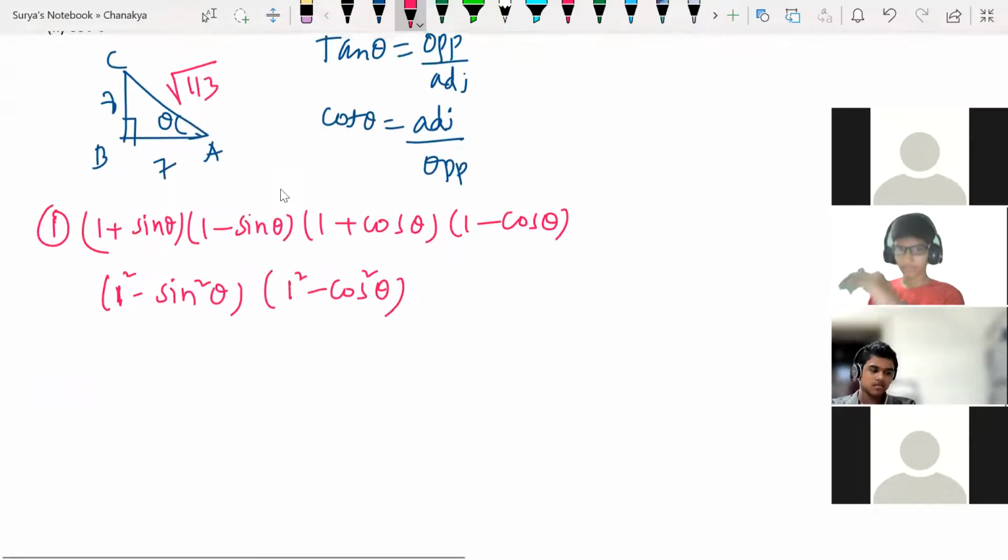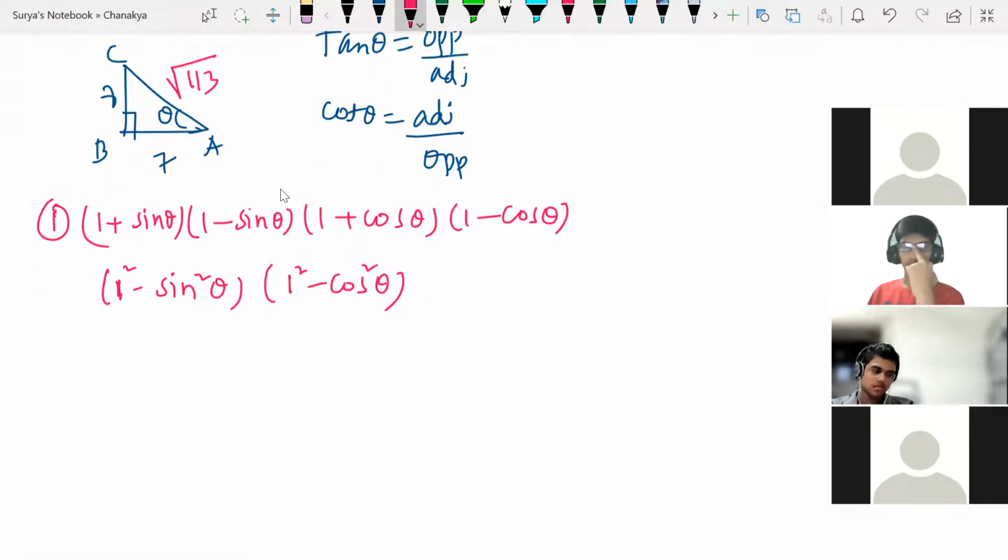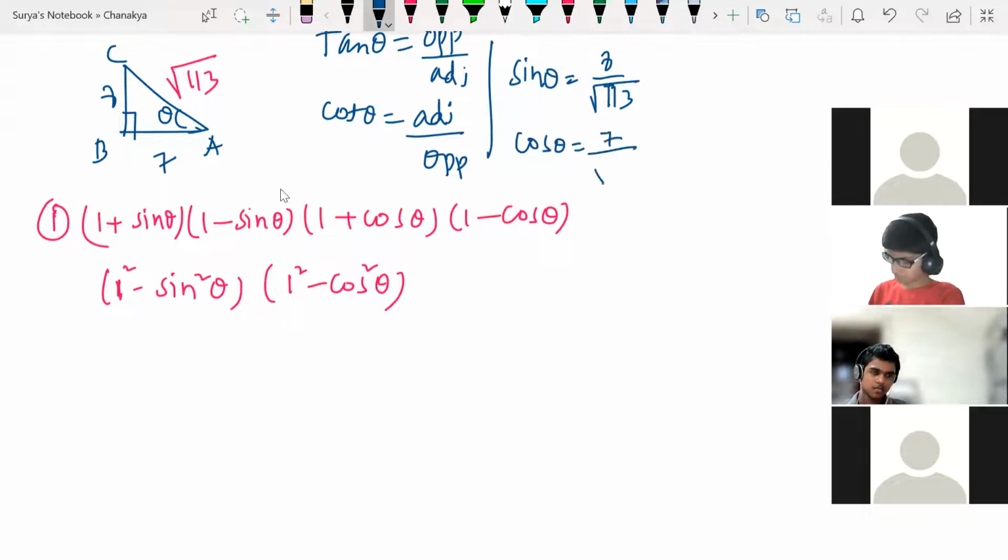All right. Yes or no? Let us find out what is sine theta here. Sine theta is what? 8 by root 113. What is cos theta? 7 by root 113.